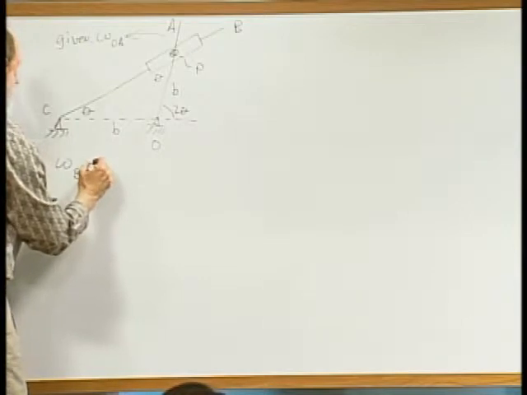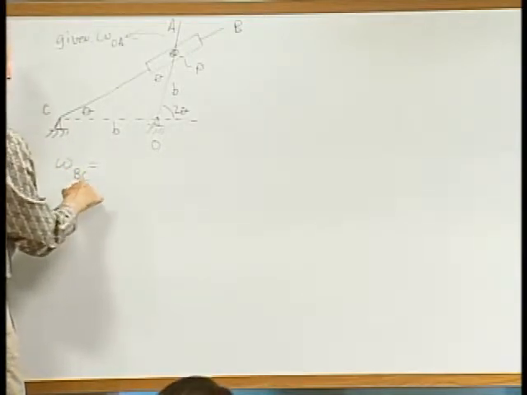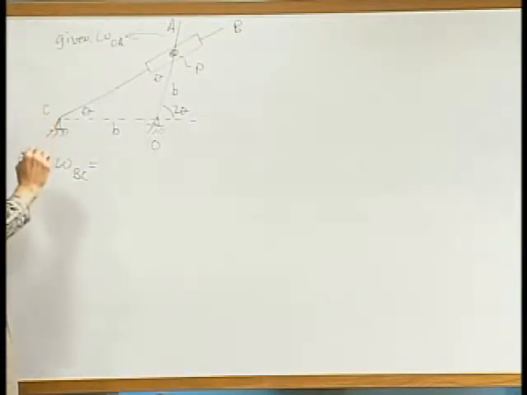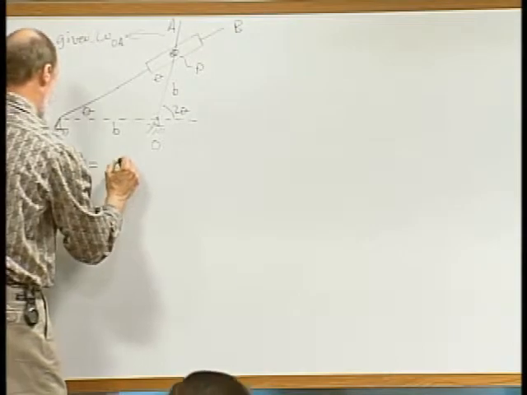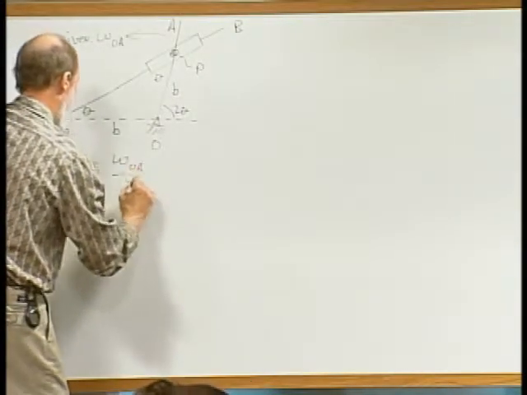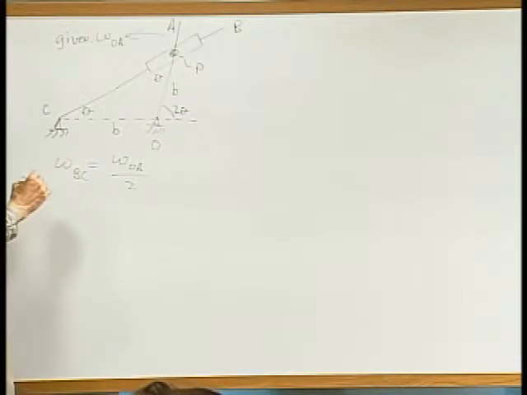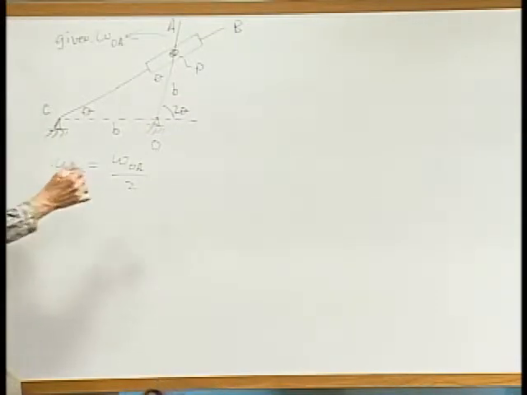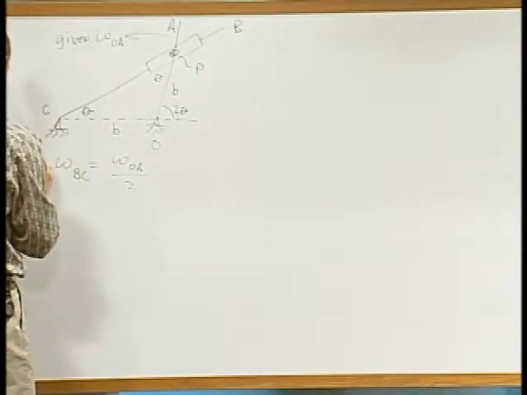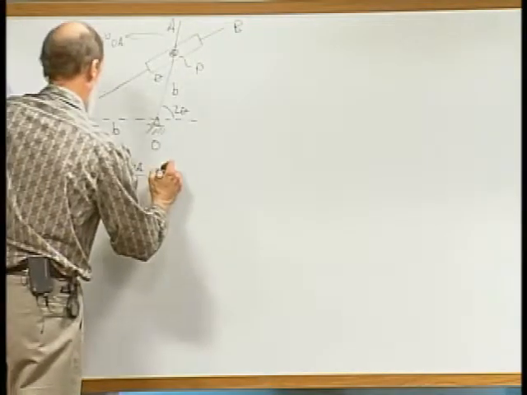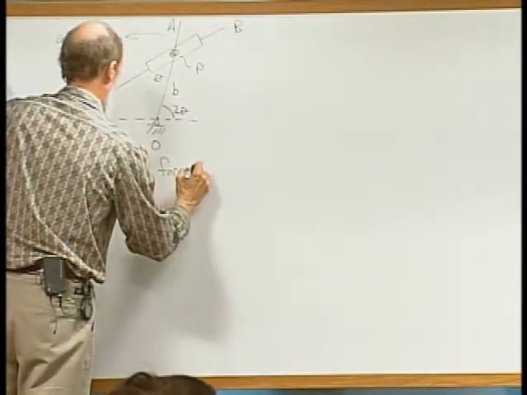We want to show that omega of BC is 1/2 of the omega of OA, for any theta. So we're trying to show that this relationship's true for any theta.